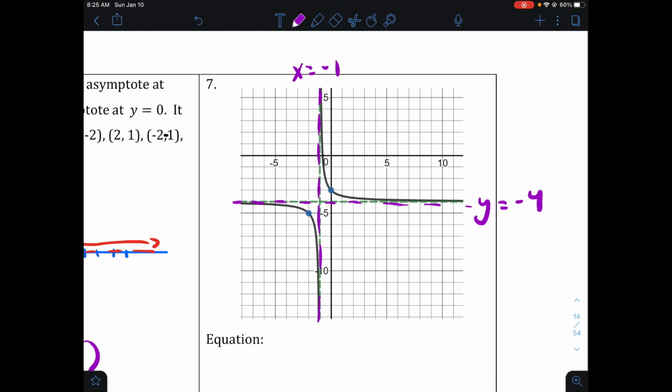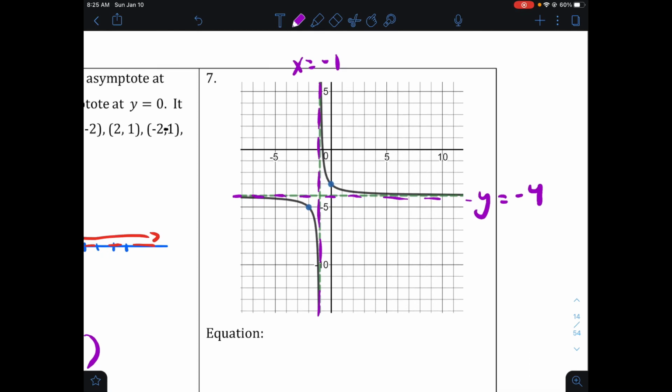So we do definitely have some shifting going on here. All right. So this y tells us that we went down 4. Okay. This x tells us that we went left 1, right? We would have started out here. We went down 4, left 1.